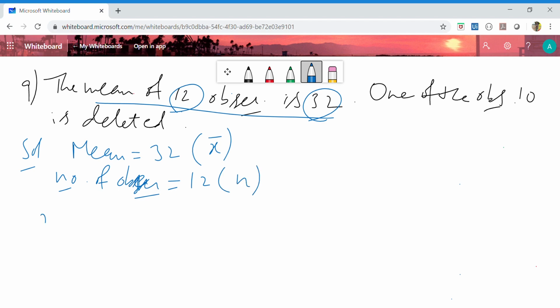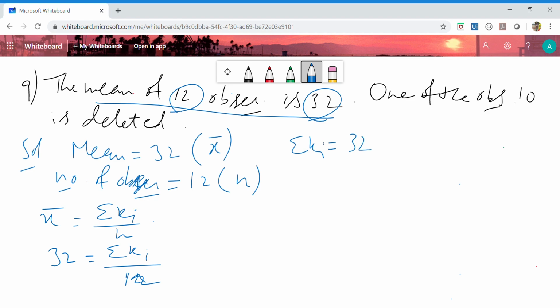But what is the formula? X bar is equal to sigma xi by n in the raw data. X bar is 32, sigma xi is the sum of observations, and number of observations is 12. So sum of observations becomes 32 into 12, which is nothing but 384.